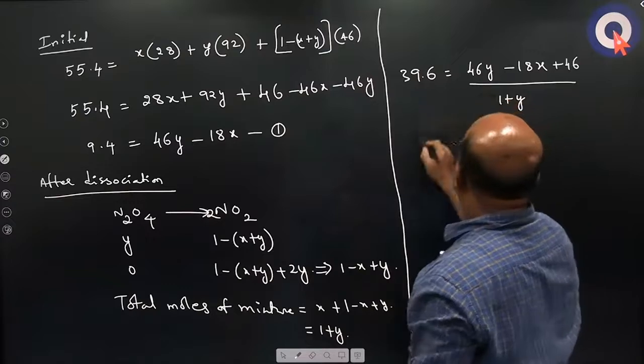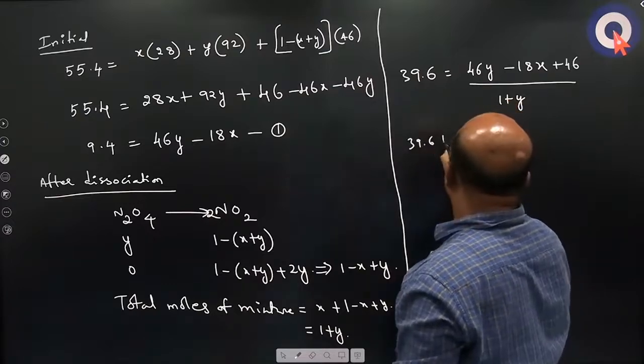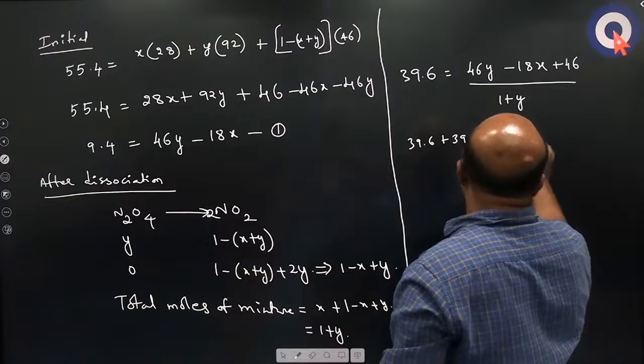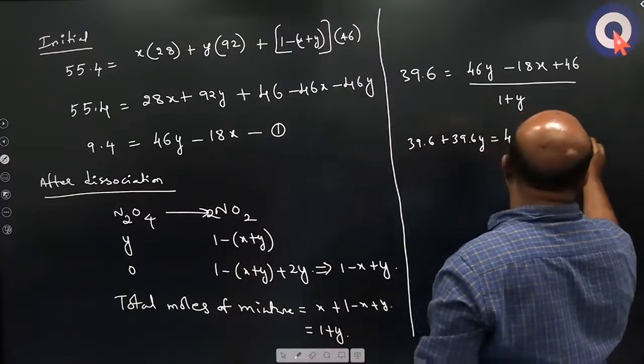So expanding, 39.6 plus 39.6y equals 46y minus 18x plus 46.